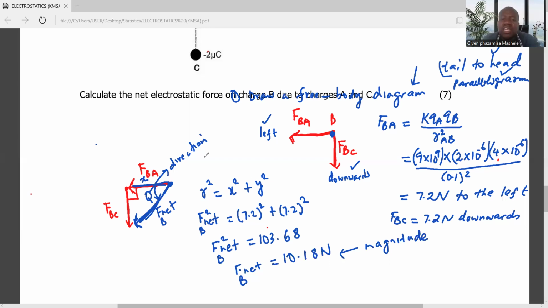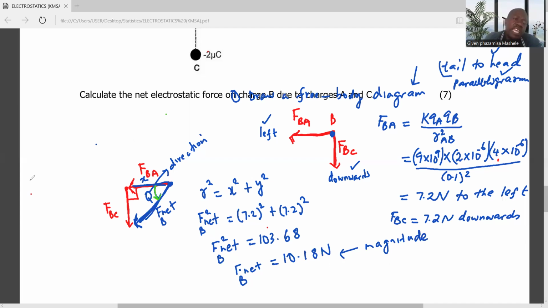And how to calculate the direction? Always, guys, when you're calculating direction here, you have to use tan, because this is our angle of interest. Let me try to use a different color. The angle of interest that we're looking for is this one. This is the one that represents the direction.